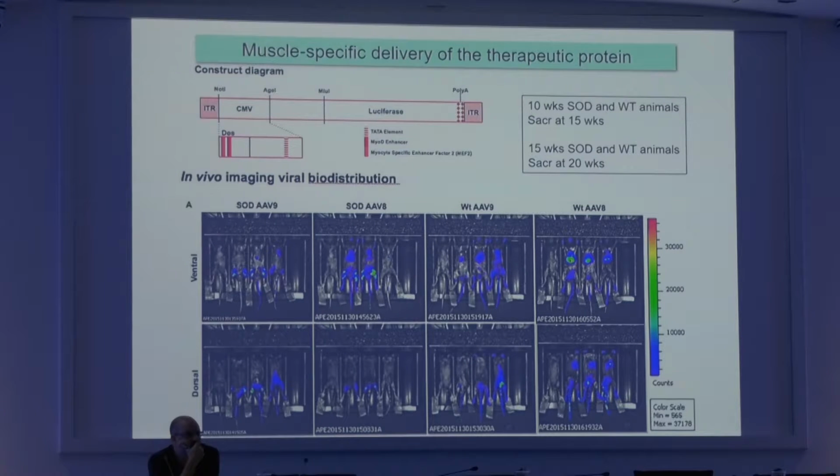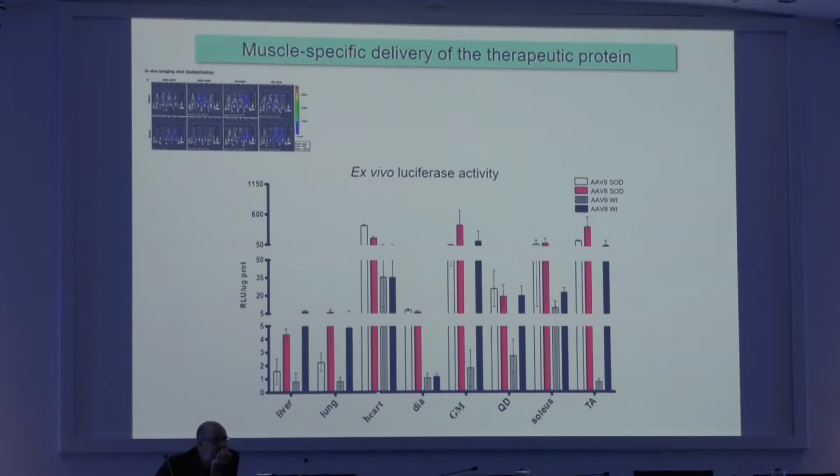Here is the in vivo distribution of luciferase, and independently of the genotype of the animals or the time at which we injected them, we see quite good distribution through different muscles in the animals. Also, both vectors behave in the same pattern. More specifically, you can see here the ex vivo activity, and on the right part of this slide, you can see luciferase activity in the different muscles: gastrocnemius, quadriceps, soleus, and tibialis anterior.